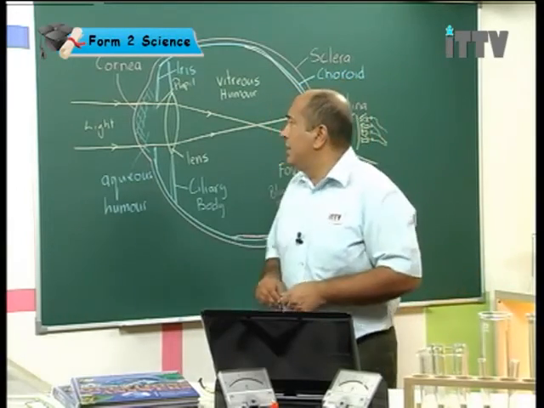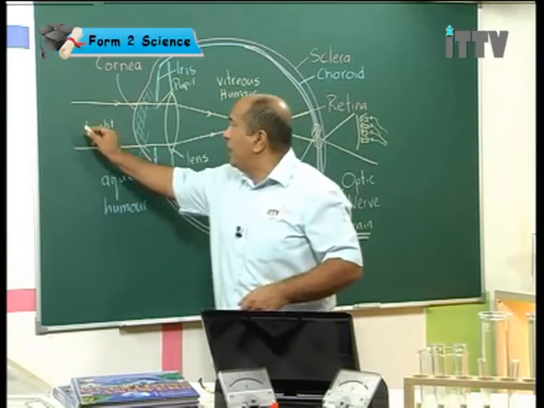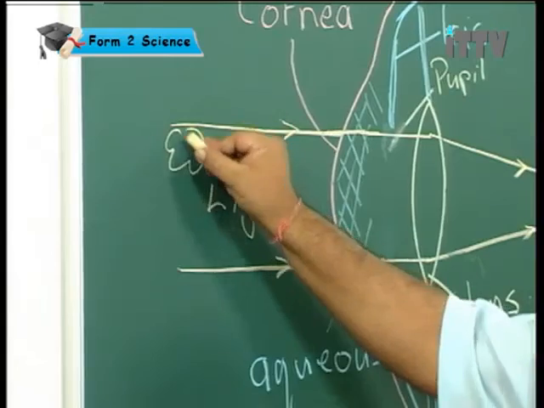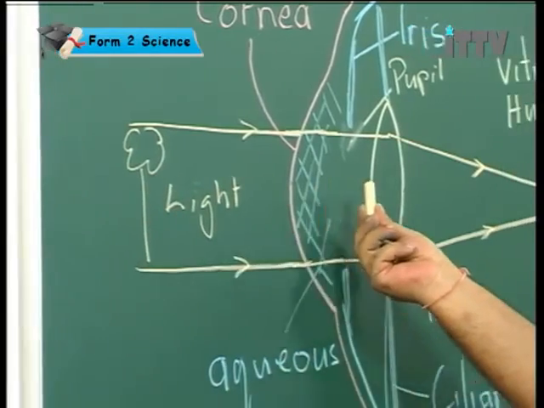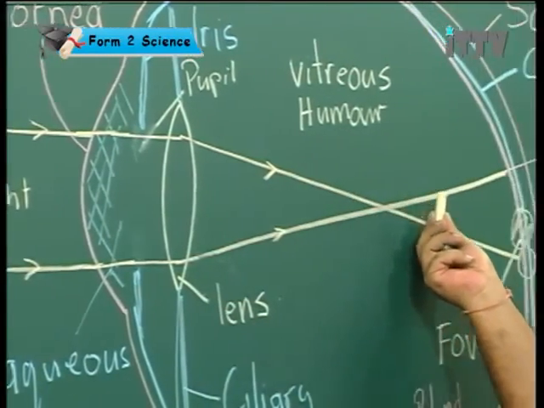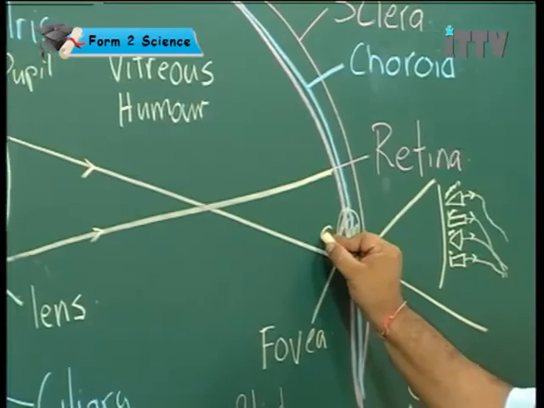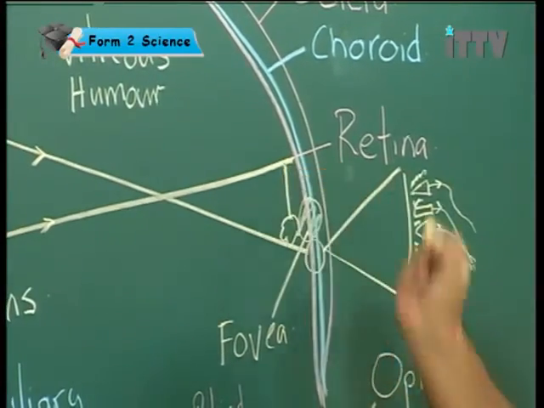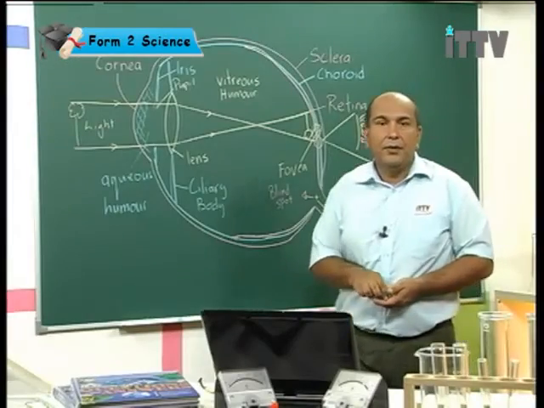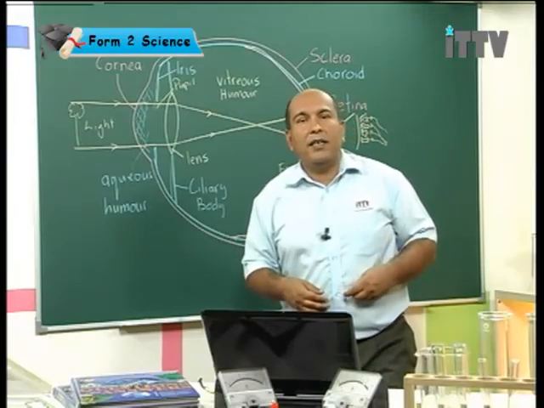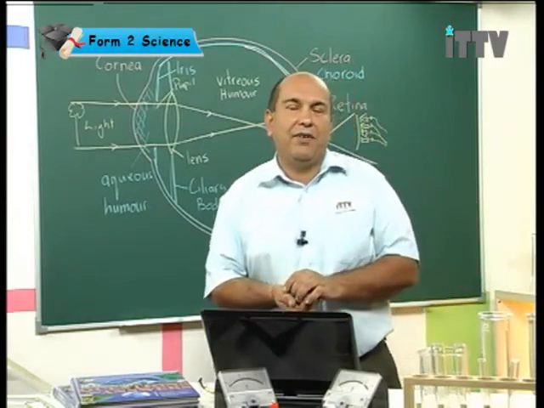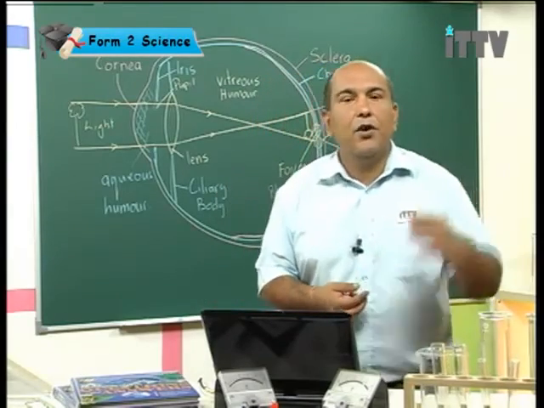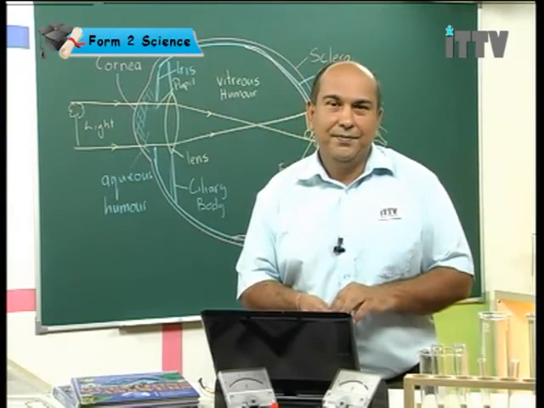So if you imagine that what we were looking at over here was a tree like this, by the time the light travels through the eye and reaches over here, the tree is actually upside down. The brain will automatically flip it the right way around for us so that we actually see everything upright and not upside down.